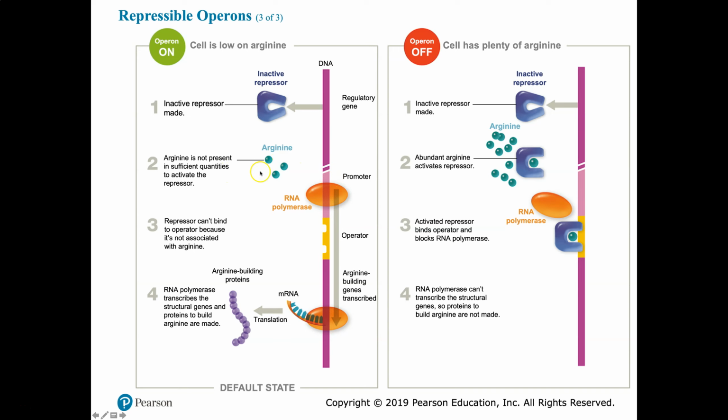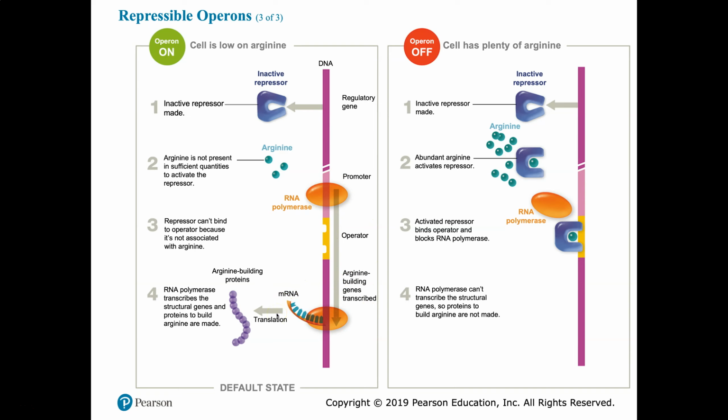Notice there's very little arginine, so it's okay to make more, to let this continue doing its job, because they don't have enough. So this polymerase will continually, over and over again, create more and more arginine.